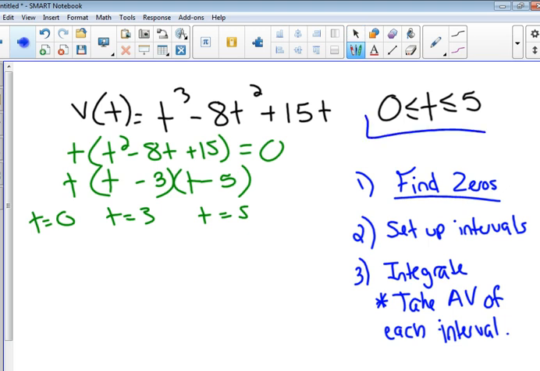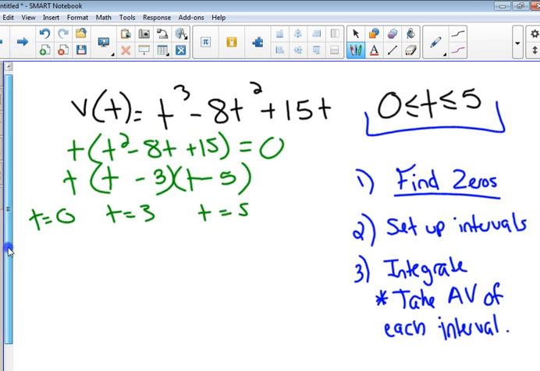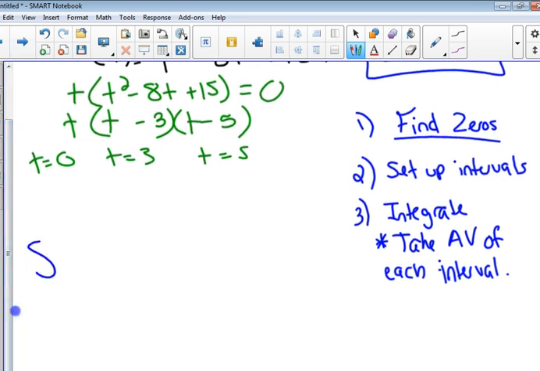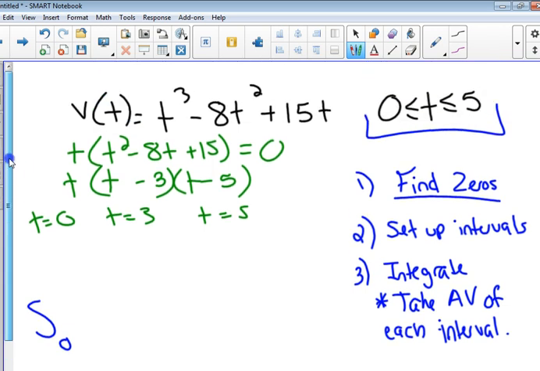We want to go from 0 to 5. This time we have 3 answers, which is fine. When you set up your integration, the first one is going from 0 to what? What's your next number? 3, good. Make sure your bigger one's on top. So we're going to have our t cubed minus 8t squared plus 15t dt.